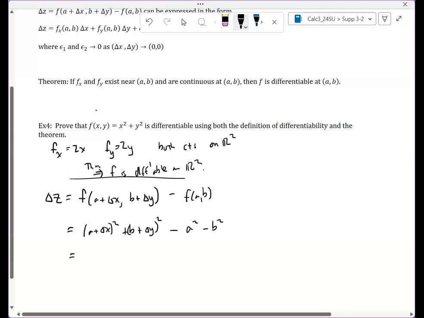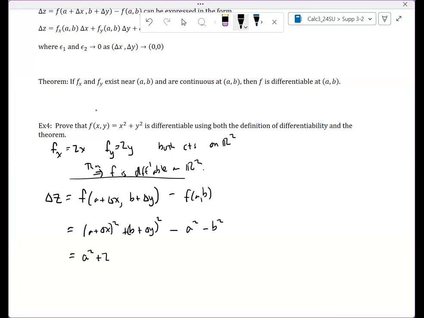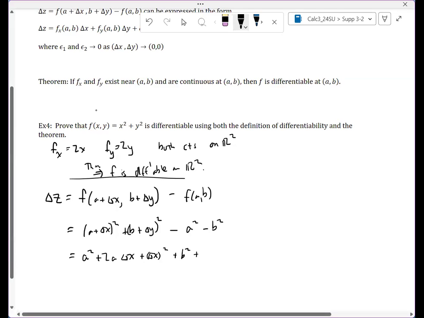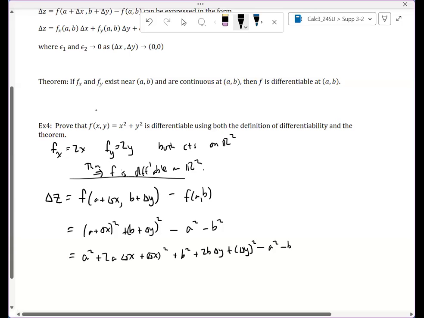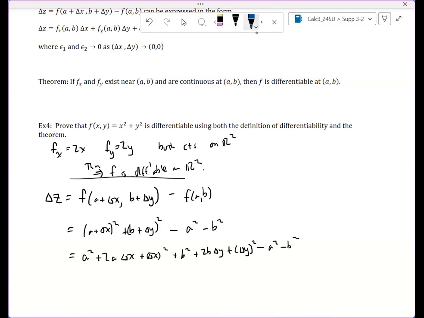We can multiply everything out, get a squared plus 2a delta x plus delta x all squared plus b squared plus 2b delta y plus delta y squared minus a squared minus b squared. We see the a squareds and the b squareds cancel out.